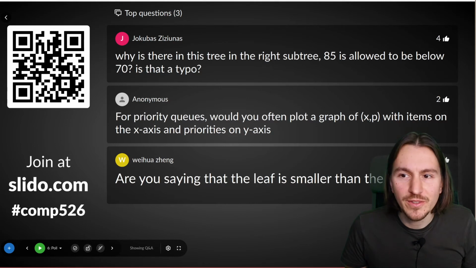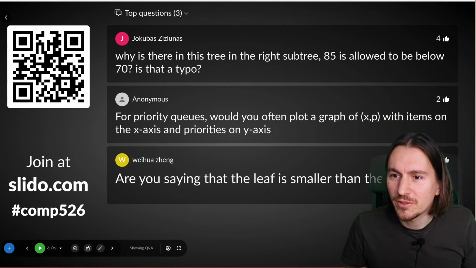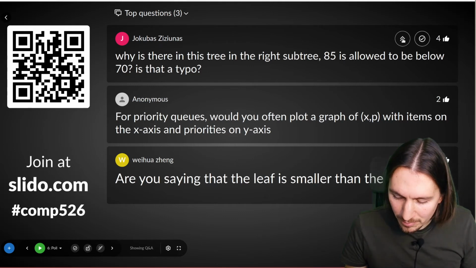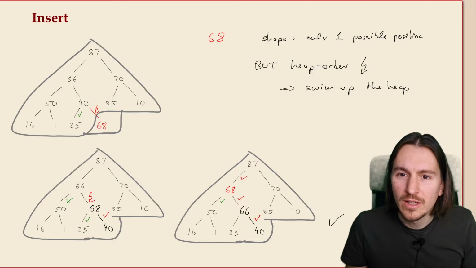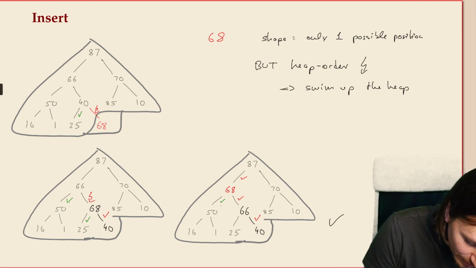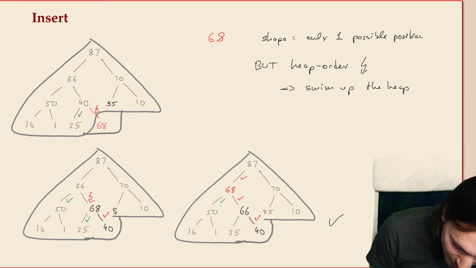Let's see if I made a mistake for the first question. Where am I? Pop this. Yeah, 85 is a 55. I miscopied from my sheet. Thanks for pointing that out. I copied the wrong version 500 times.